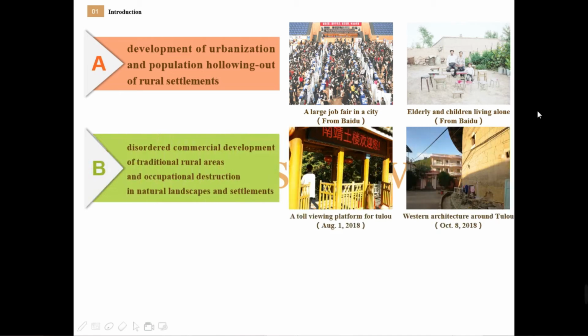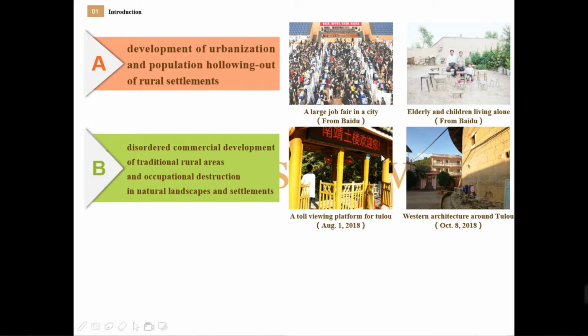But number 2 might be the disordered commercial development in traditional rural areas and occupational destruction in national landscapes and settlements. Those pictures are all taken by me. Look at those Chinese words, welcome to Tulou tourist attraction.